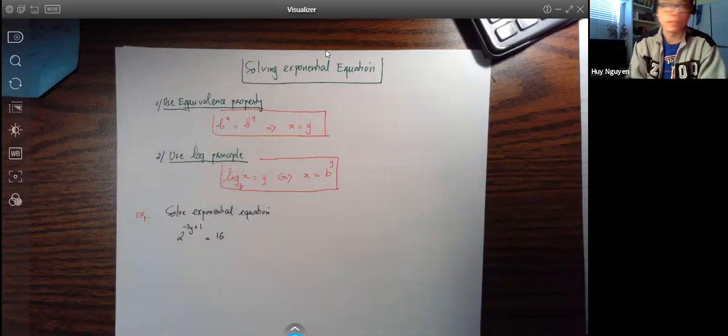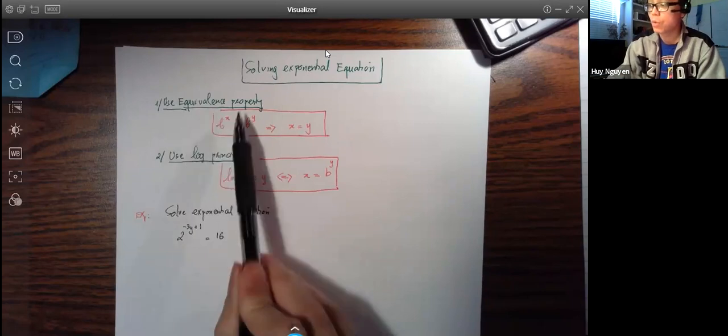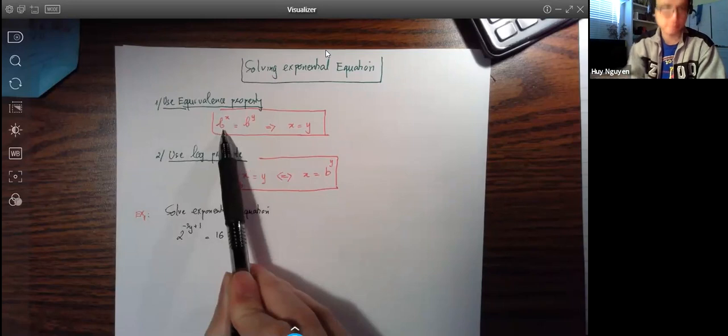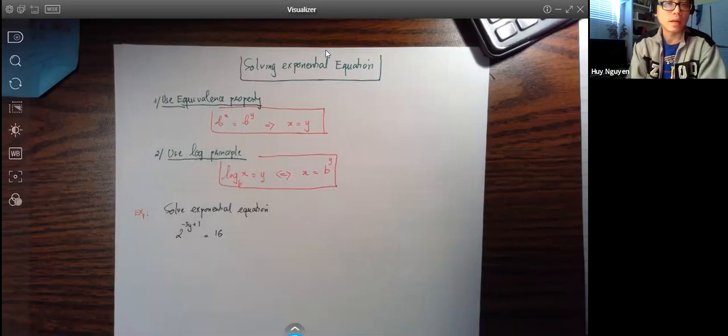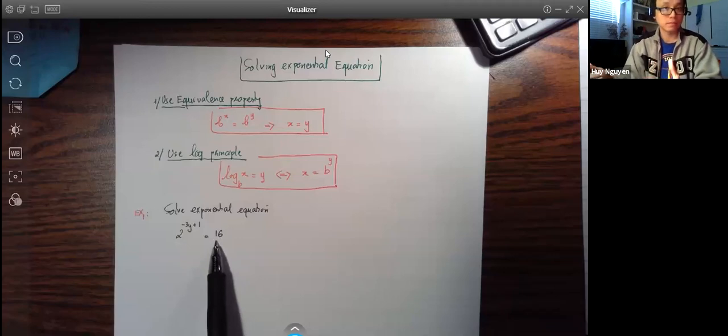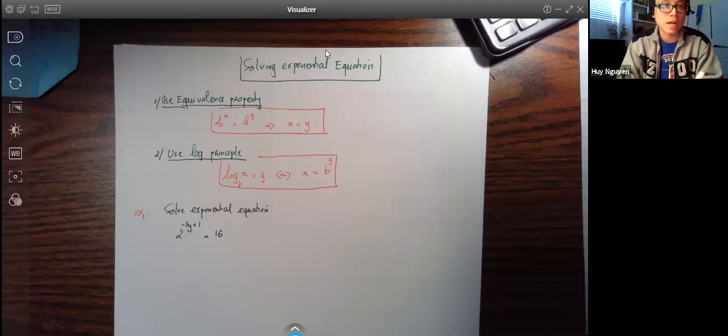Because in order to apply the equivalence property, both sides must have the same base. So on the right-hand side of our equation, we have to do something so that both sides have the same base. Over here, the base is 2.